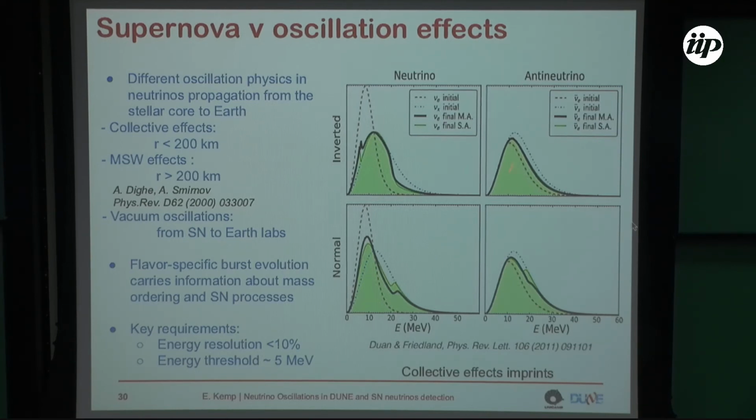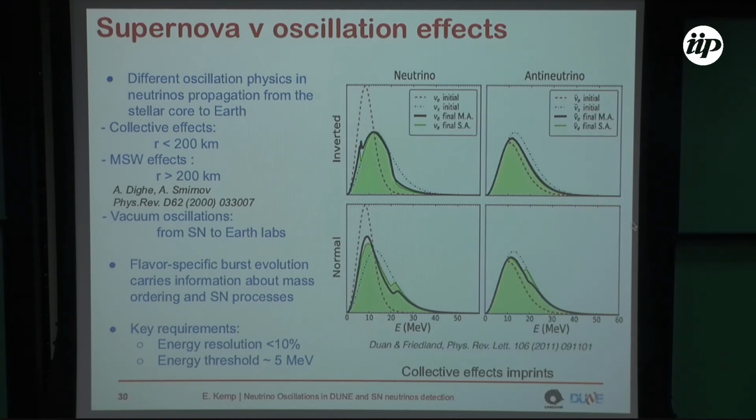But I would like to emphasize that even if you don't know exactly what the collective effects are, we don't have a clear picture about them, nevertheless, the different models predict that these collective effects imprint the final spectrum of supernova neutrinos.